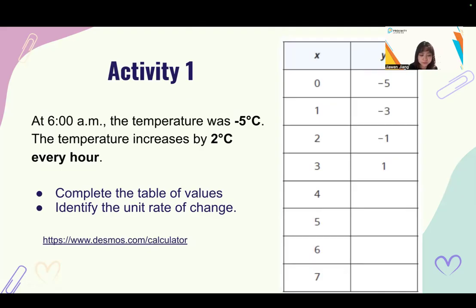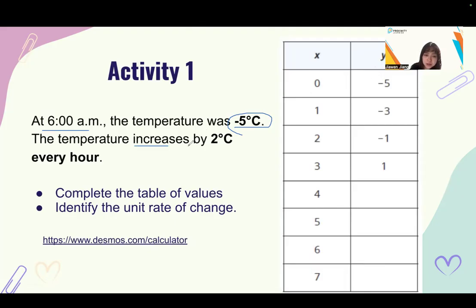The first thing I want you to tell me: is that above or below zero when we look at this number at 6 a.m.? It's below zero, right? So this is a negative number, which means when time equals zero, we are starting with a negative number.